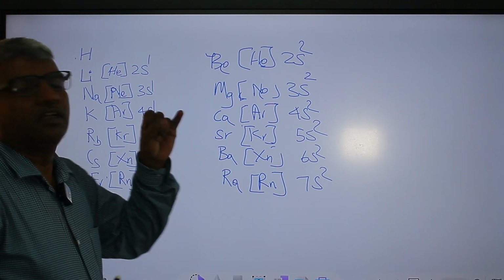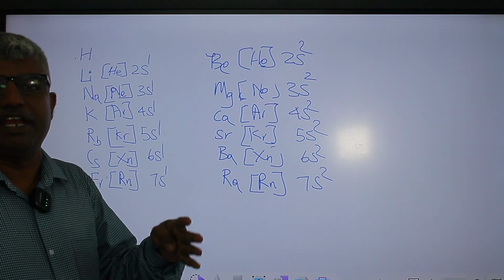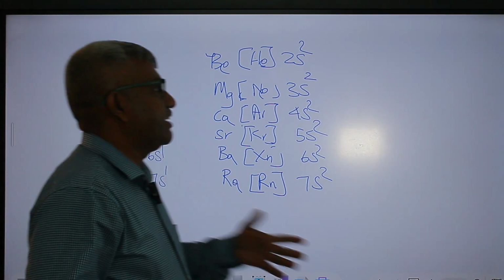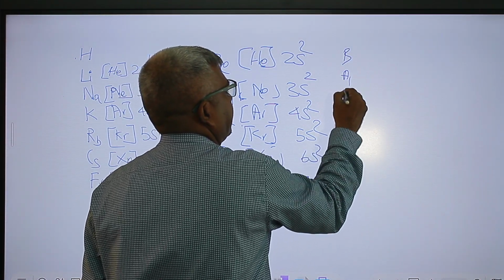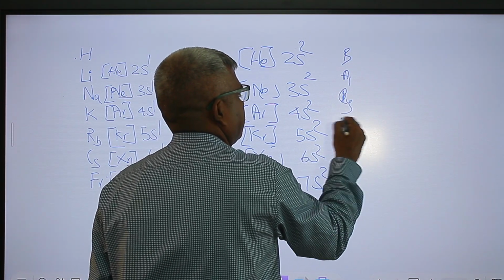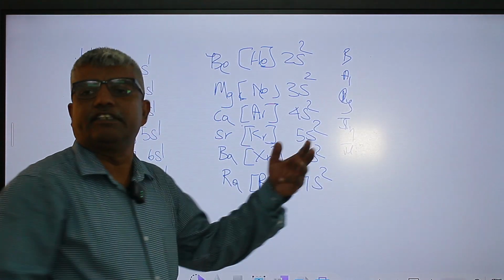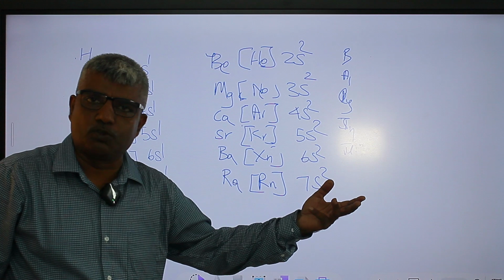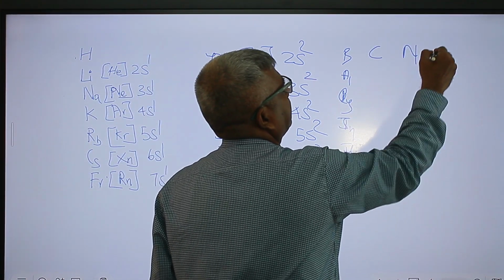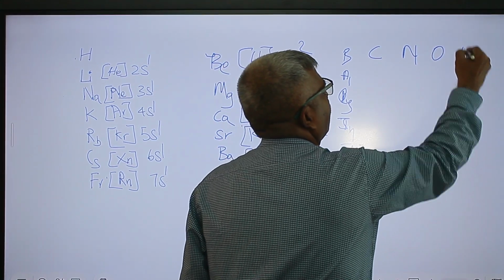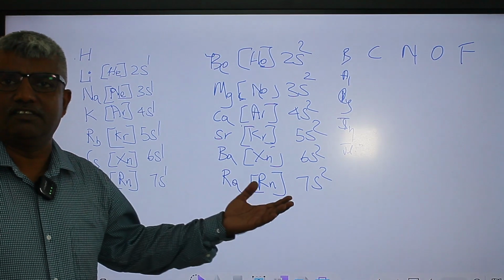Now boron, aluminium: 3A, 4A, 5A, 6A, 7A. Nothing but simple: boron, aluminium, gallium, indium, thallium. After this 2p1, then 2p2. Carbon is 2p2, nitrogen is 2p3, oxygen is 2p4, fluorine is 2p5, neon is 2p6.